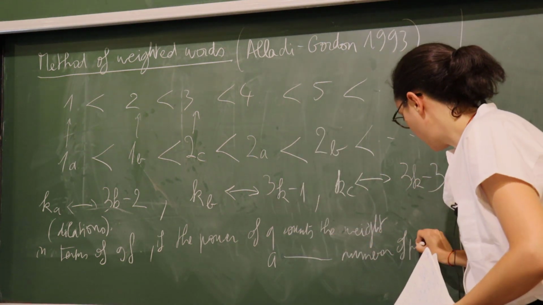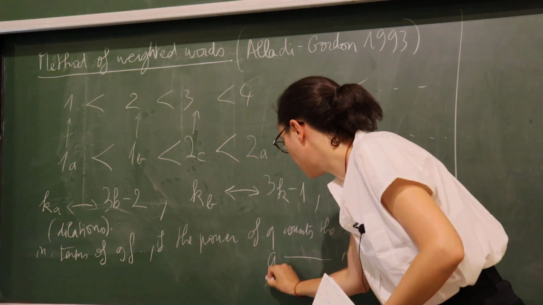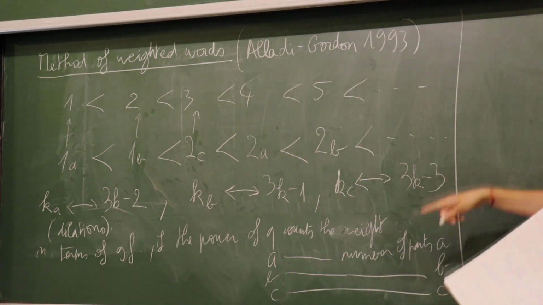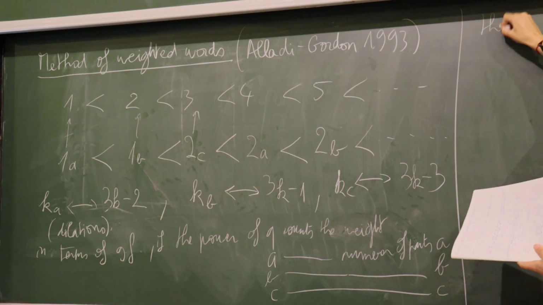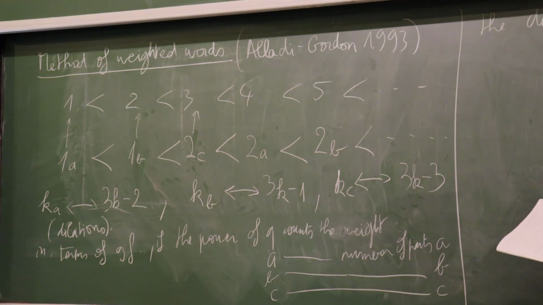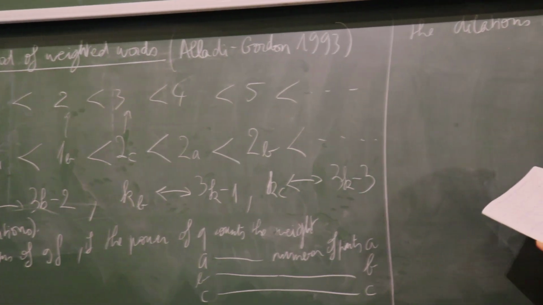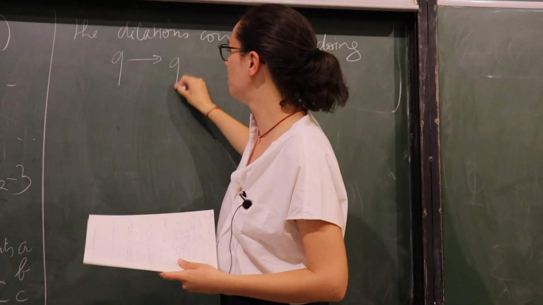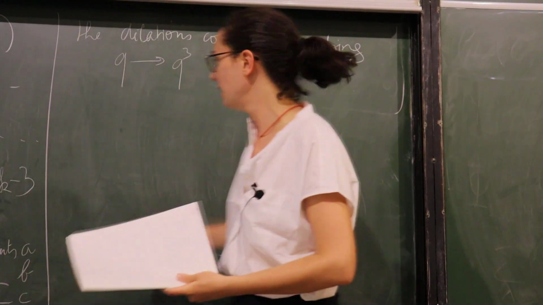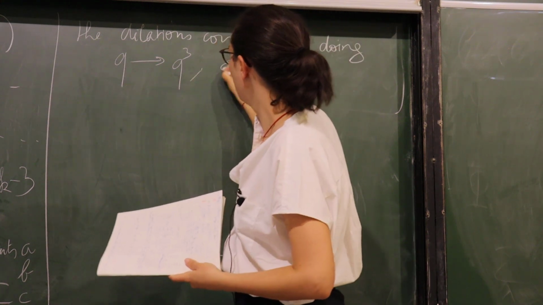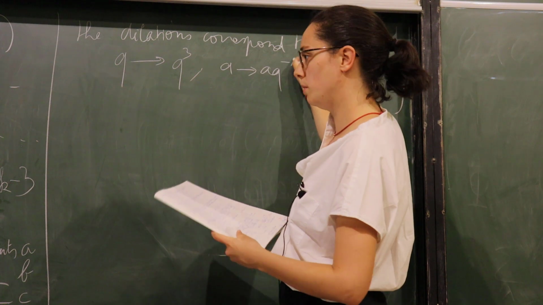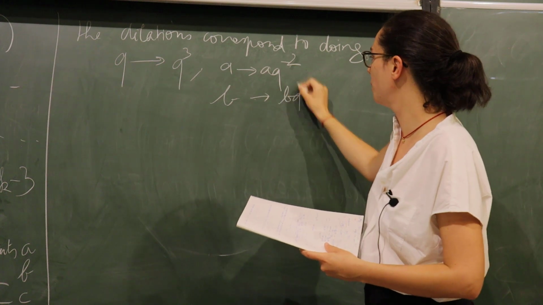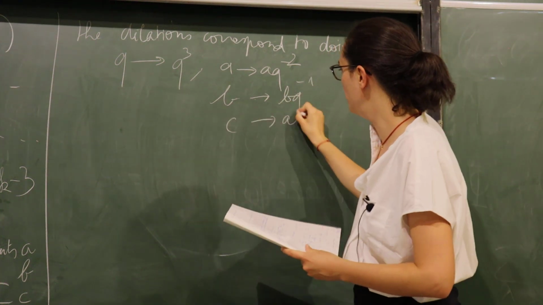And we do the same for B and for C. Then the dilations correspond to replacing q by q^3, because here everything is multiplied by 3, and replacing A by Aq^(-2), B by Bq^(-1), and C by C.